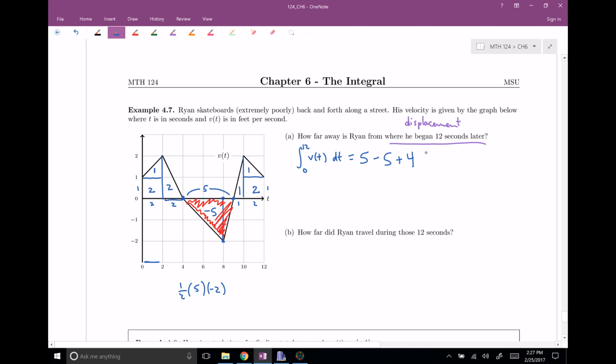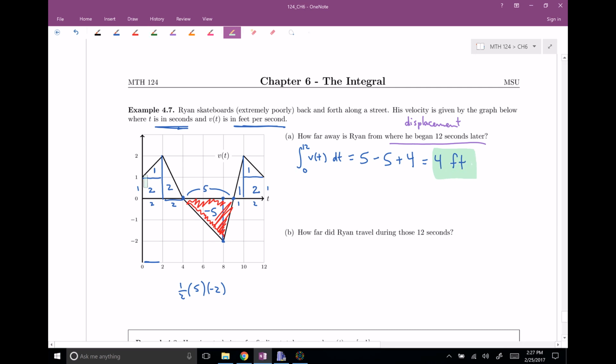Remember, this is all area here, so we were multiplying things together. Those units were seconds and feet per second. So if I multiplied those two units together, the seconds and per seconds would cancel out, and all I would have is feet. So at the end of the day, I was 4 feet from where I started.